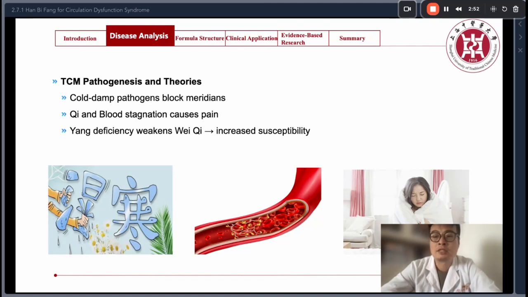The cold stays inside, blocking the free flow of qi and blood, and that's where the pain starts. That's why treatment always includes warming and unblocking the channels to restore normal circulation and drive the cold back out.